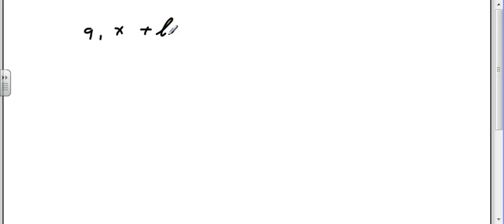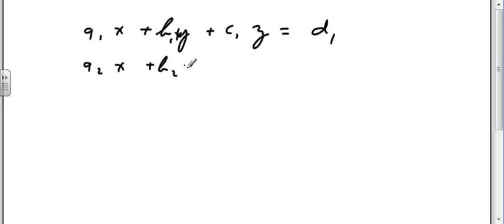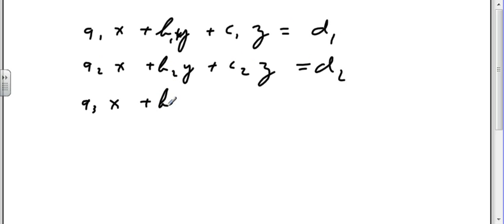a1x plus b1y plus c1z equals d1. And a2x plus b2y plus c2z is d2, and a3x plus b3y plus c3z is equal to d3. What if I have that?